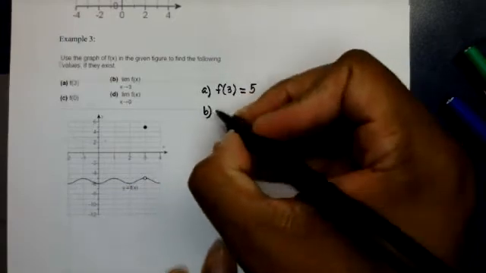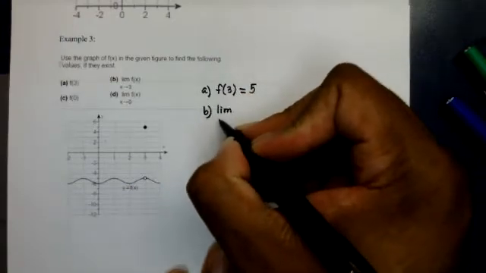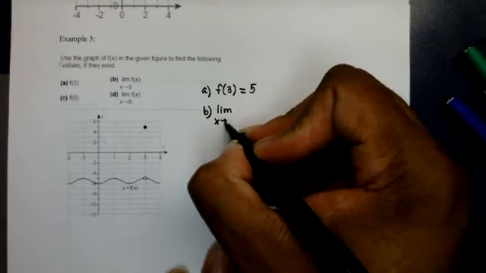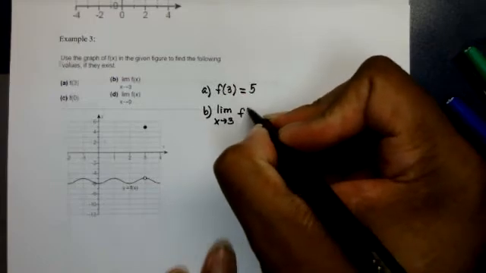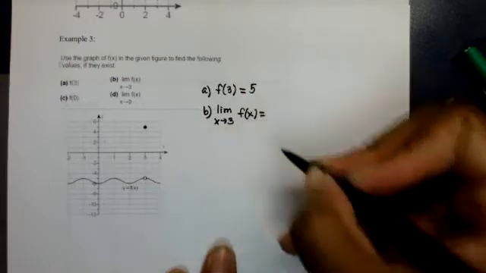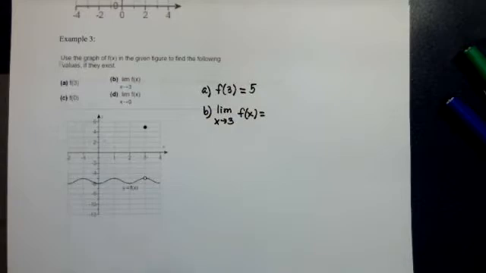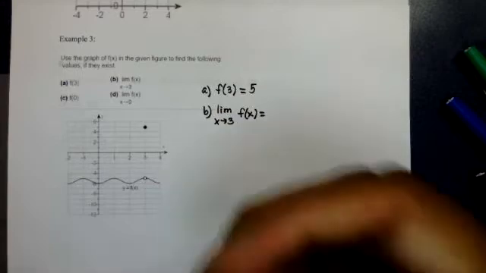Now part B, let's take the limit as x approaches 3 of the function f of x. All right, so by looking at this graph, I'm going to see where it's approaching from the left and to the right.